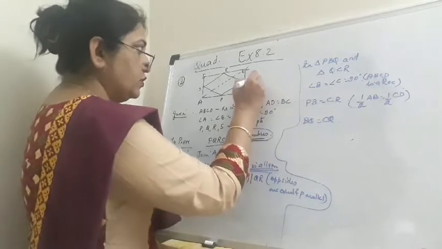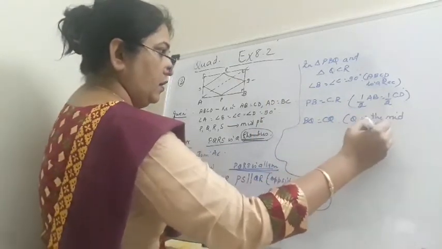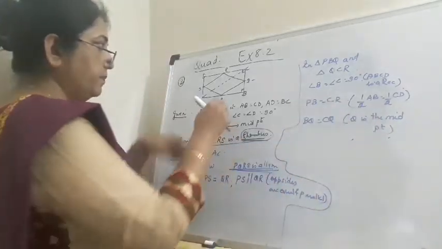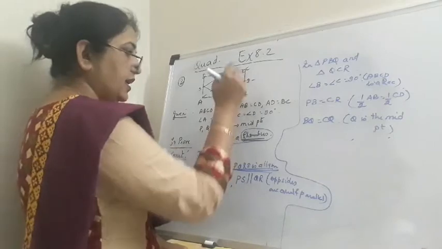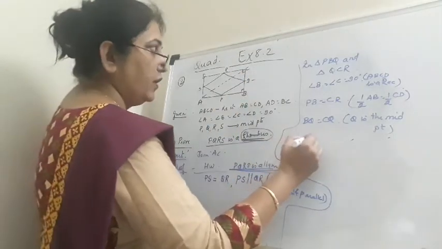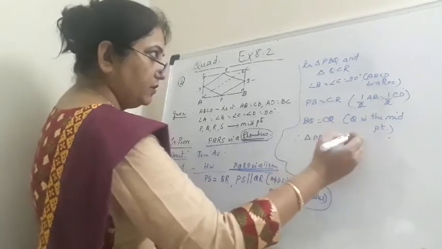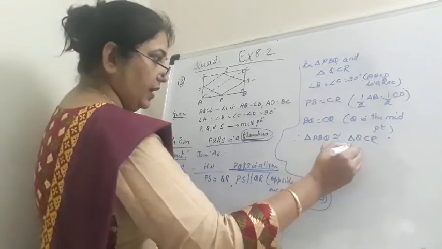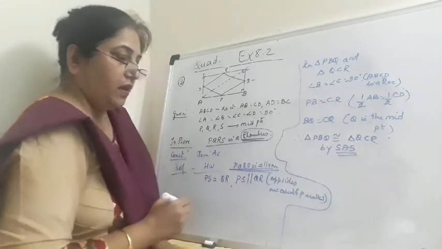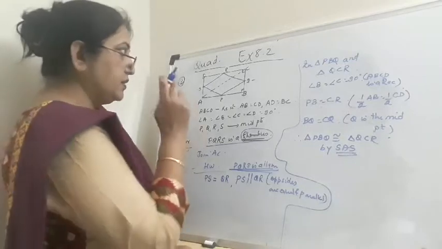Yes. Why? Because Q is a midpoint. So now you understood that these two sides and angle are the same as these two sides and angle. Therefore, triangle PBQ is congruent to triangle QCR by SAS criterion. Now, when two triangles, children, are congruent, we know that the corresponding parts are equal.